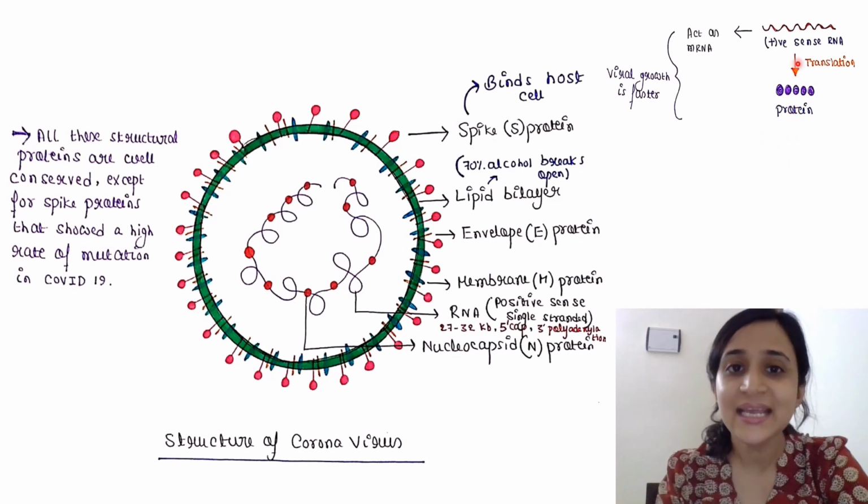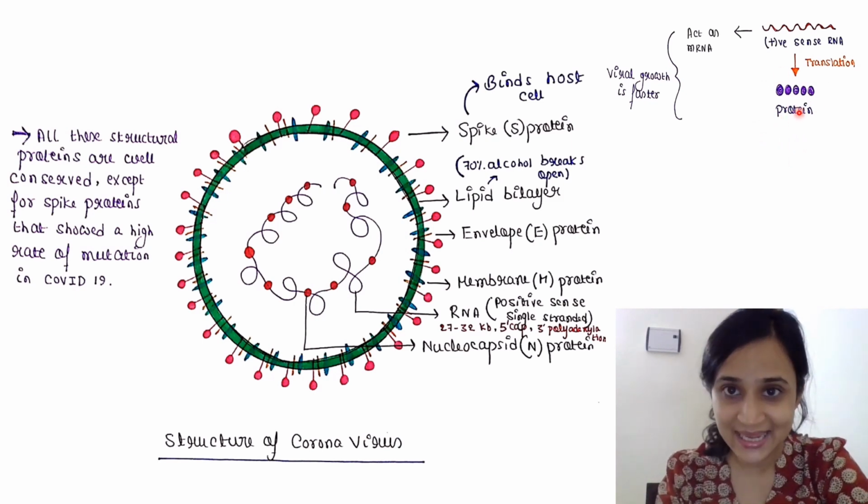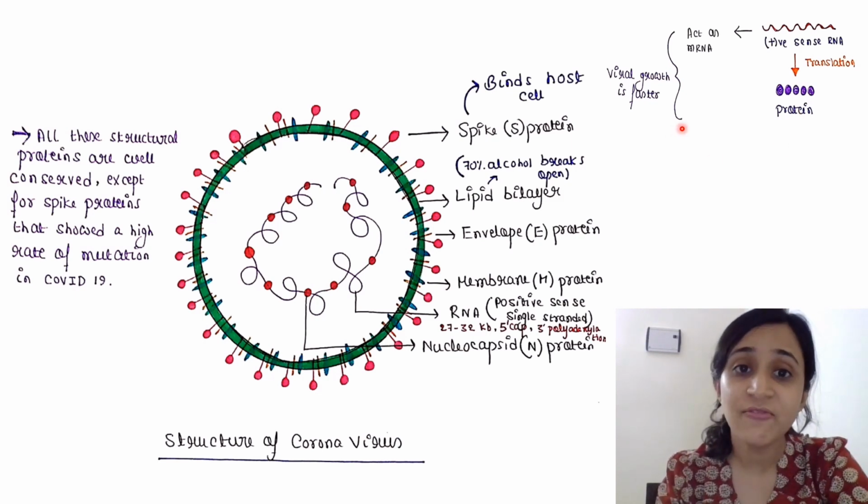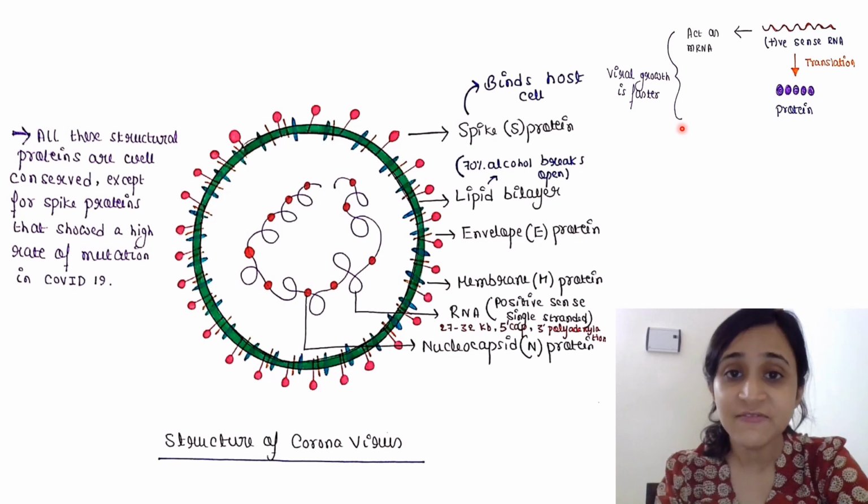That's why it is called positive sense, because it can sense, and that makes a virus more dangerous, because when a virus possesses a positive sense RNA, it will enter into the cell and directly get translated. So it saves time and replicates very fast, because it doesn't rely on replication or transcription, etc. That makes COVID-19 more efficient.